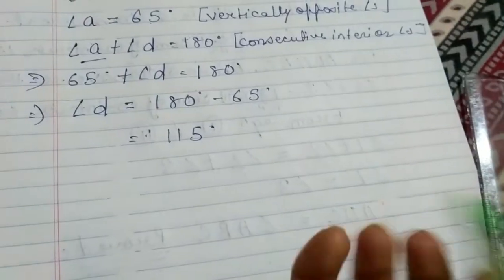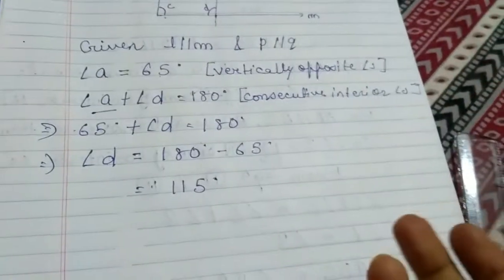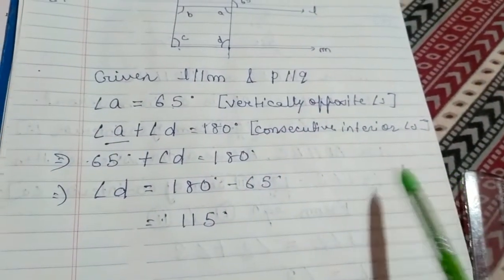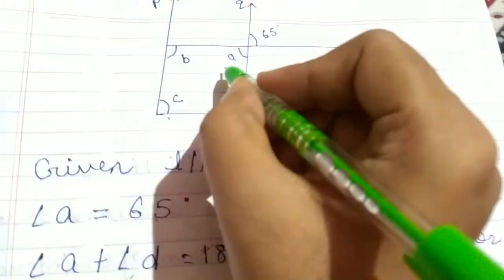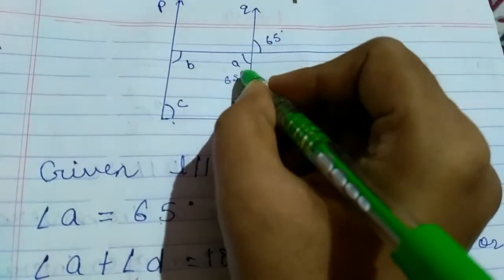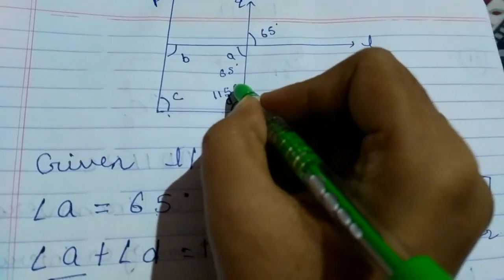Any problem? Now come to the next thing, because you have to find out all the angles. Now you know angle A, this is 65 degree. You know the angle D, 115 degree.